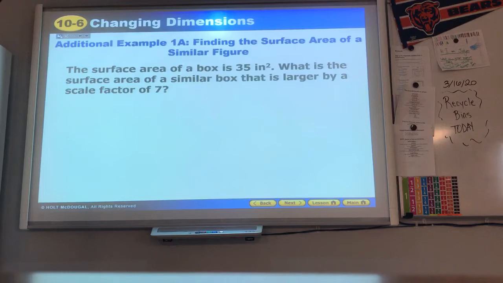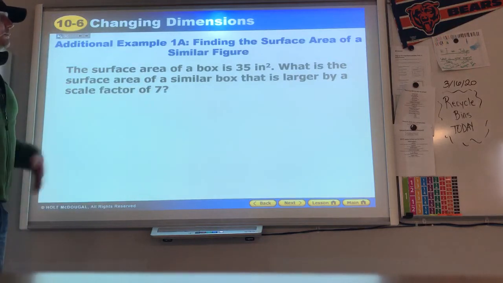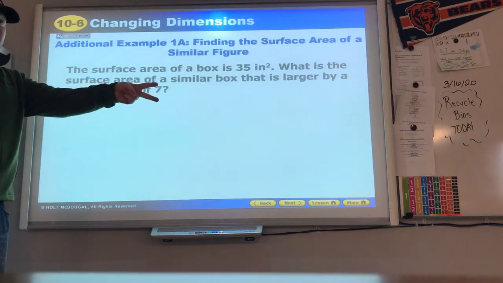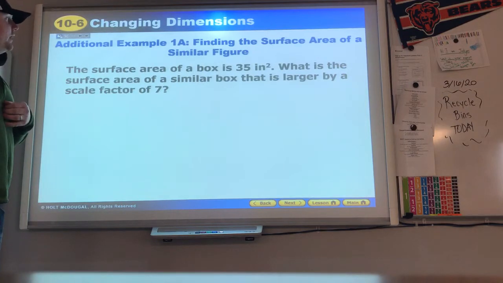The surface area of a box is 35 inches squared. What is the surface area of a similar box that is larger by a scale factor of 7? So the sides would grow by a scale factor of 7. But remember, there are 2 dimensions that you have to multiply to get the surface area of a box.